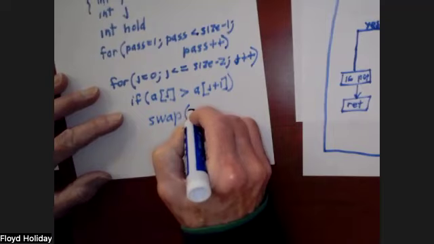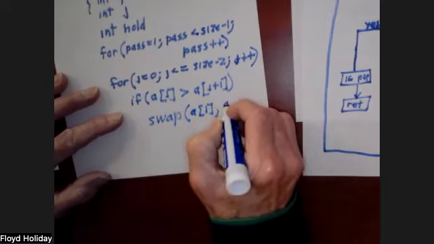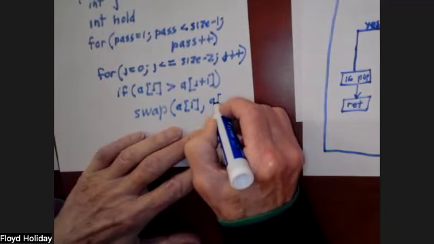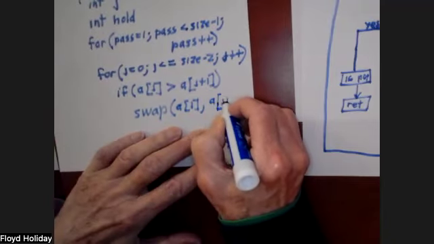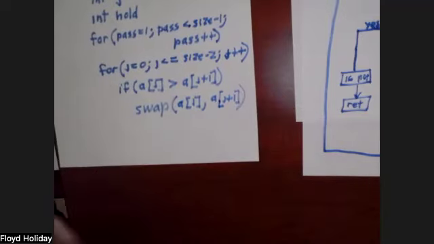Swap a j and a j plus 1. But the problem is swap is written in assembly.